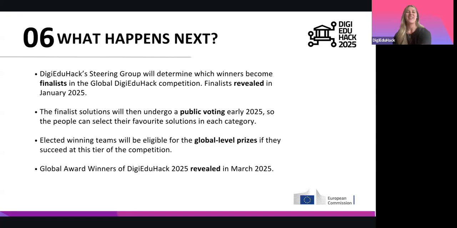But still, the finalists will be revealed in January, and we will have a total of 12 finalists out of all of the local winners. The finalists that have been identified will then undergo a public voting so that people can select their favorite solutions in each of the categories. And the elected winning teams will be eligible for the global level prizes if they succeed in the competition. And the winners will then be revealed finally in March 2026 again.